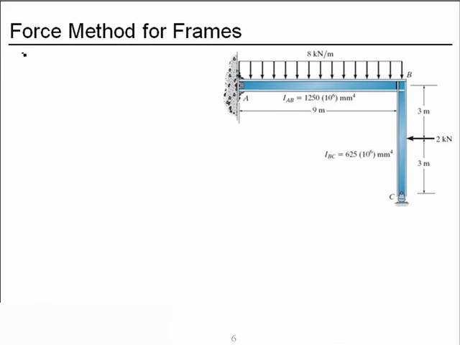Now we're ready for step 3. We need to calculate deflection of the primary structure. So the frame shown without the vertical reaction at C, and that deflection due to the applied loads, the uniform distributed load and the concentrated load.